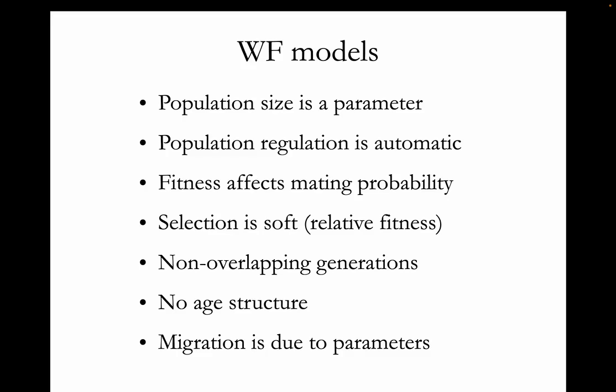Generations are non-overlapping, and there's no age structure. In each tick, the parents reproduce, die, and are replaced by their offspring. Migration is also dictated by top-down parameters. So WF models are quite parameter-driven and inflexible, but they're simple and standard, and they have their place.